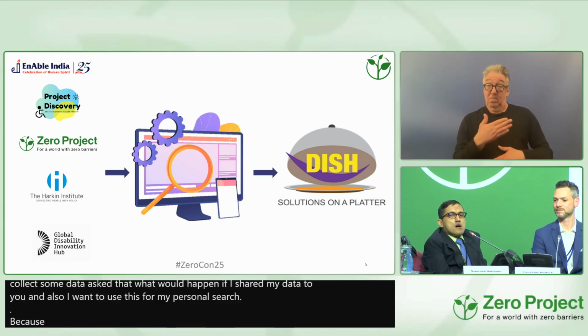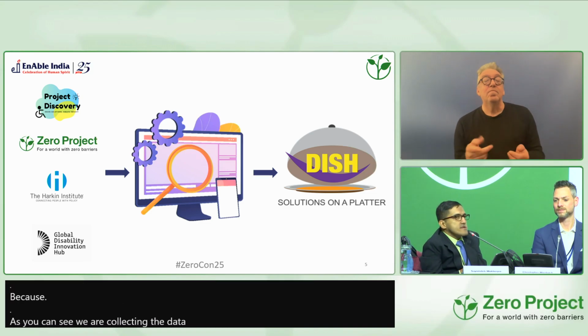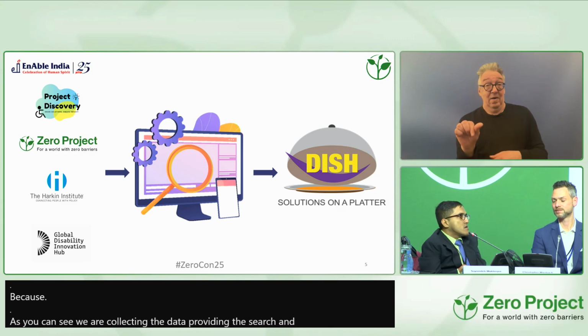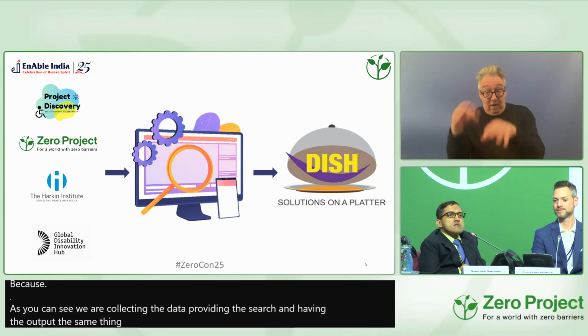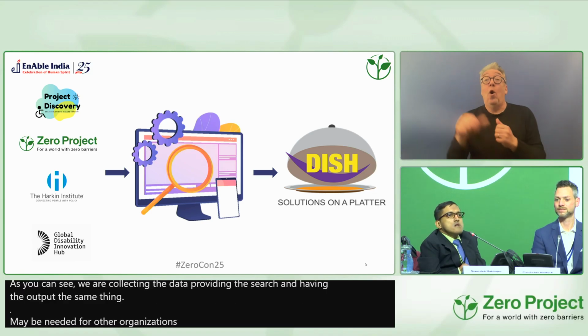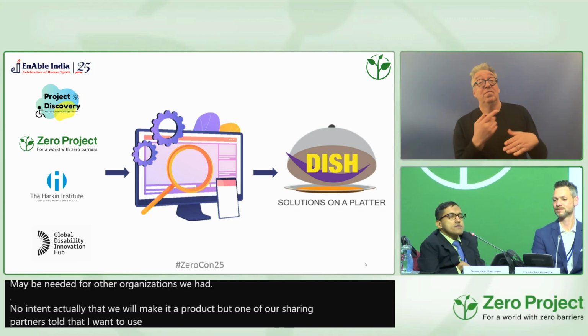Because as you can see, we are collecting the data, providing the search, and having the output. The same thing may be needed for other organizations. We had no intent, actually, that we will make it a product. But one of our sharing partners told us, I want to use it. Why don't you make it a product?